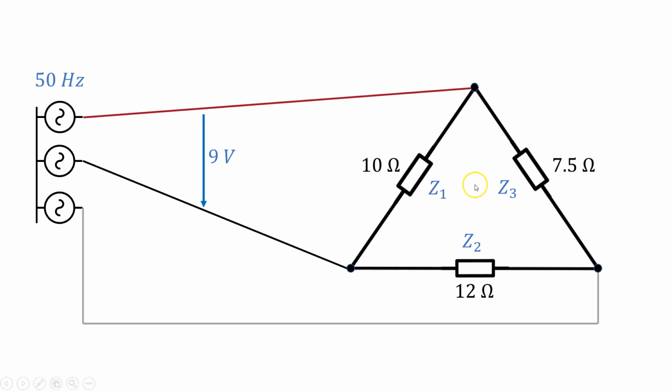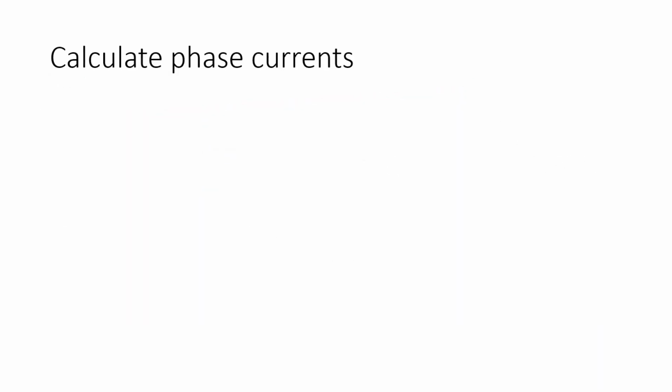So given that we have our phase voltages and our line voltages as they're equal, and we have the impedances, we should be able to now calculate the phase currents and the line current. So let's calculate the phase currents. Well, phase 1 is equal to the voltage across phase 1 divided by that impedance.